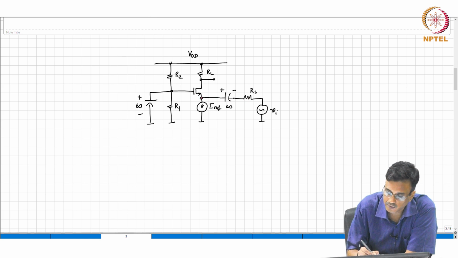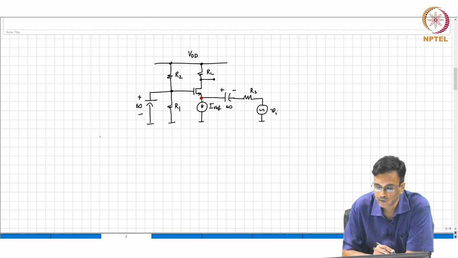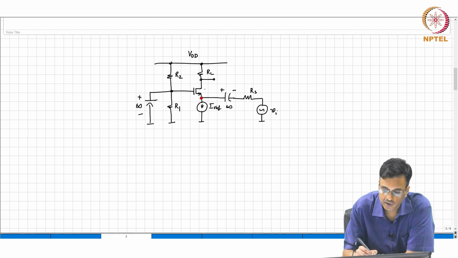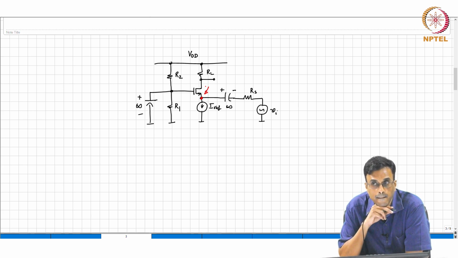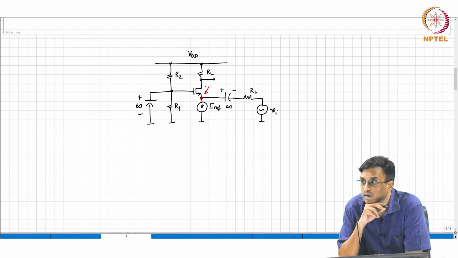So, another way of thinking about it, if you did not want to go back to the Norton equivalent, what is the incremental voltage there? What is the incremental voltage there? Yes? For infinite gm.